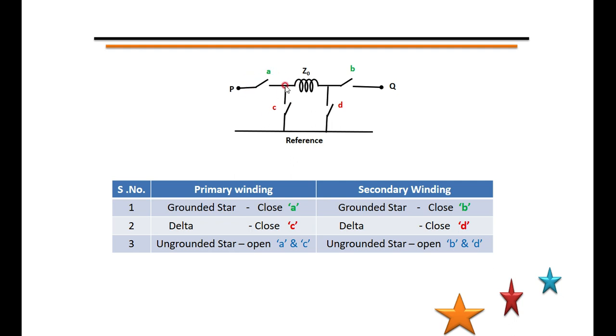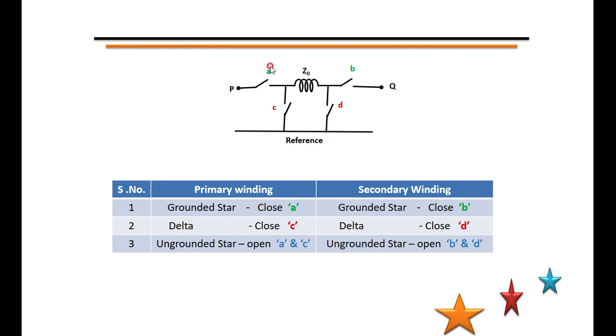The switching diagram is used to determine the path from P to Q for different configurations. Switches A and C are meant for the primary side, B and D for the secondary side. The series switches A and B operate when it is star connected, and C and D operate when it is a delta connection.